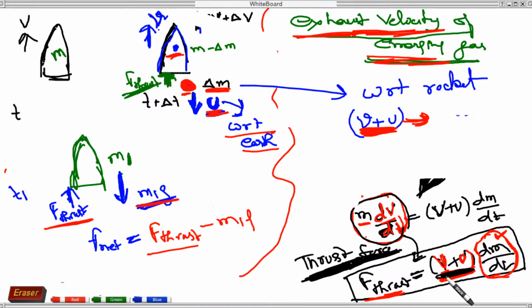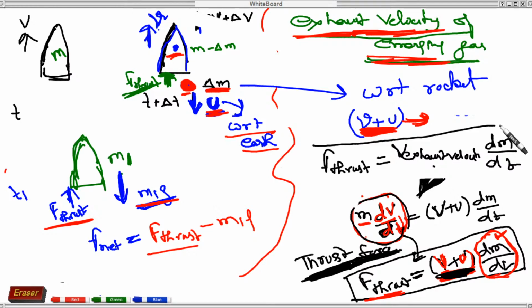So F thrust is equal to the exhaust velocity of the emerging gas, which is v plus u, into dm over dt.